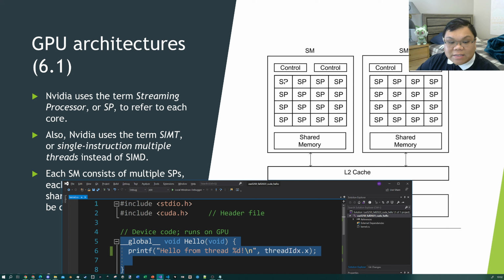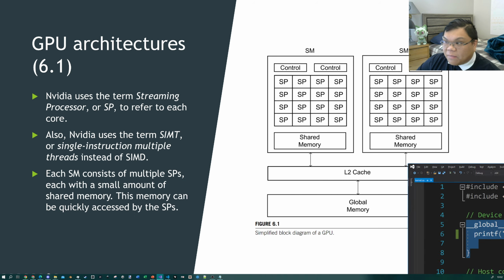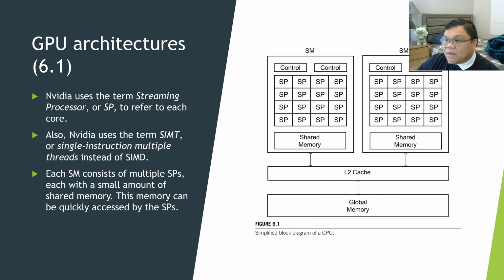So this SP gets a hello world function. This one too. This one here. This one here. Every SP gets the same device code to run. And 100 of these SPs get the same code to run.